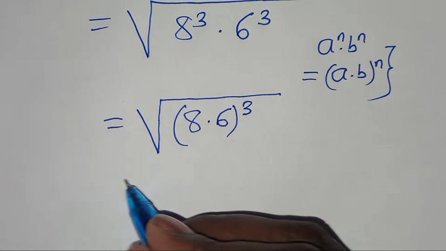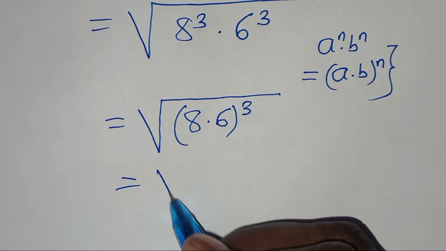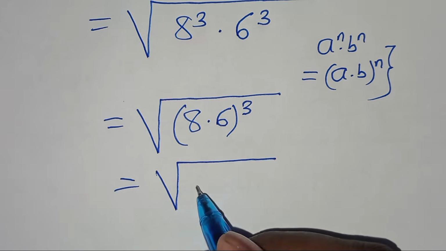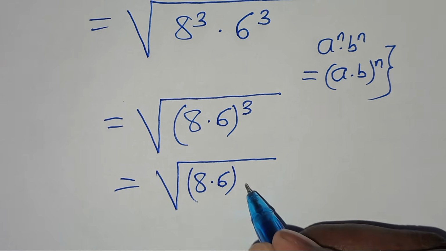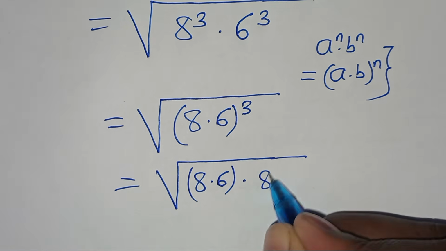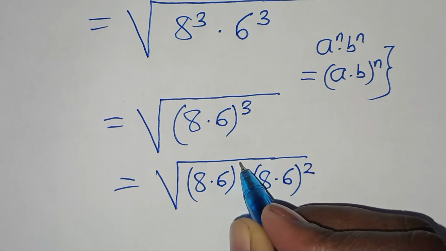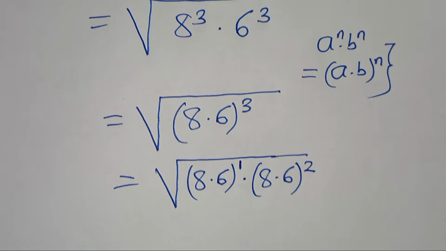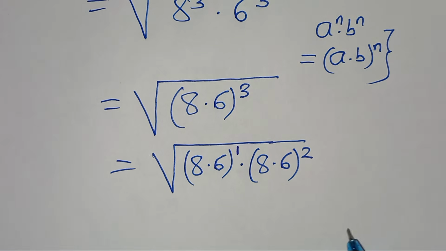Now, the next step is that we can express 8 times 6 to the power of 3 as the square root of 8 times 6 multiplied by 8 times 6 raised to the power of 2. Remember, this is raised to the power of 1. So this is the same as 8 times 6 to the power of 3.